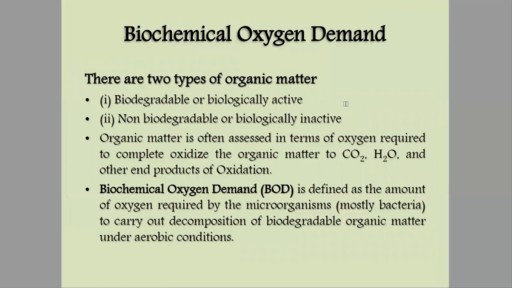Now we are discussing biological properties of wastewater. For this we need to know the biochemical oxygen demand. First of all, let's discuss what is biodegradable and what is non-biodegradable.